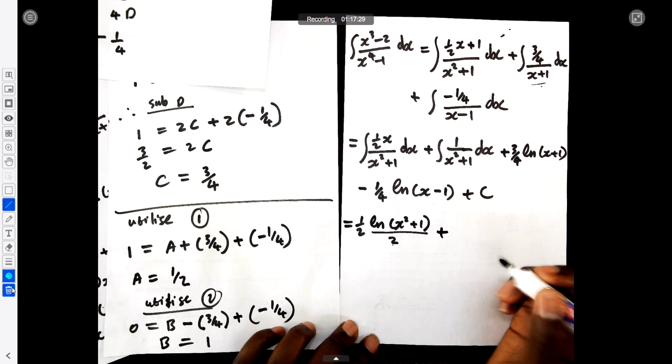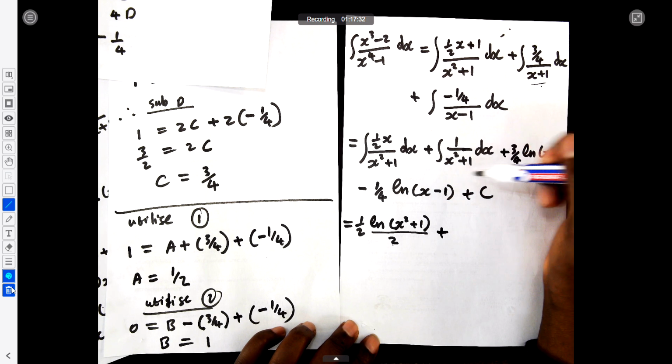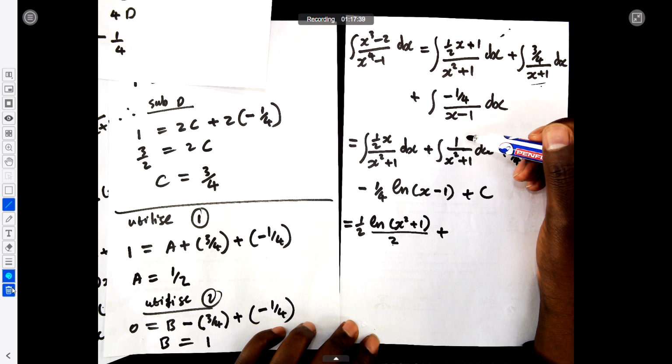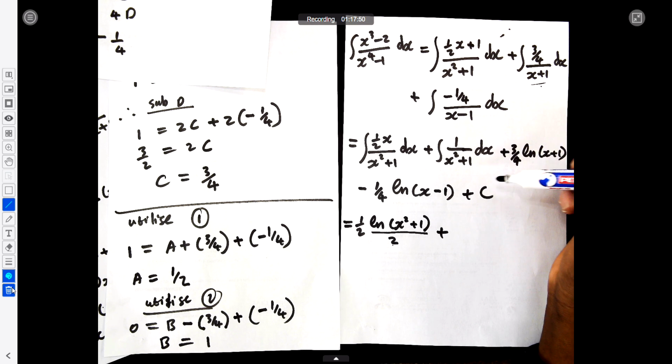Therefore, plus, not to waste time, what is the integral of 1 over x squared plus 1? I hope you know that when you differentiate the denominator, we can't get the numerator. So this takes us to the inverse trigonometric functions, tan, because the derivative of arctan x is 1 over x squared plus 1.